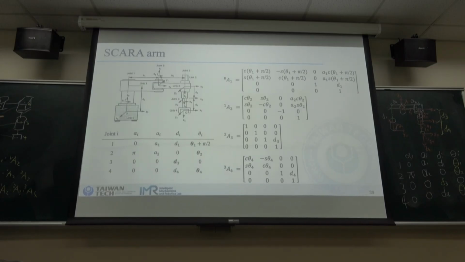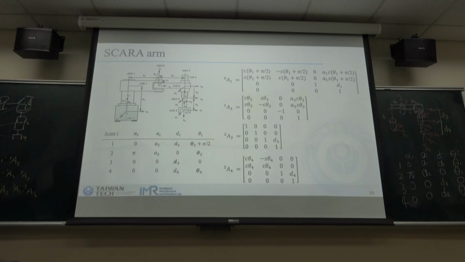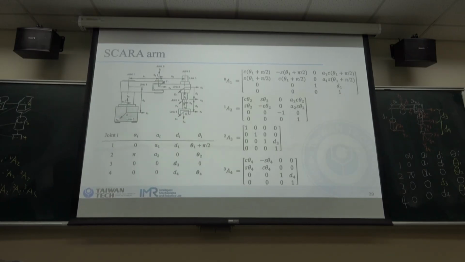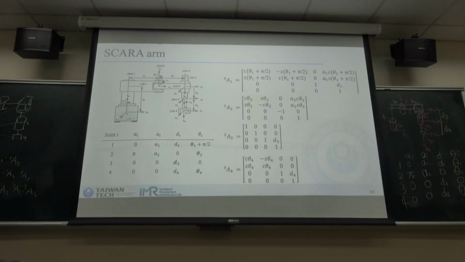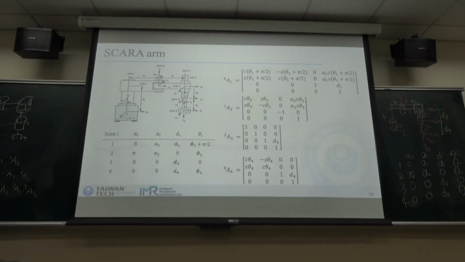So we can get these 4, or you can say 5, because this one is the base, so it's 0, 0, 0. And the position of the first joint, second joint, third joint, fourth joint, you can get the transformation of that just by multiplying the transformation matrices.